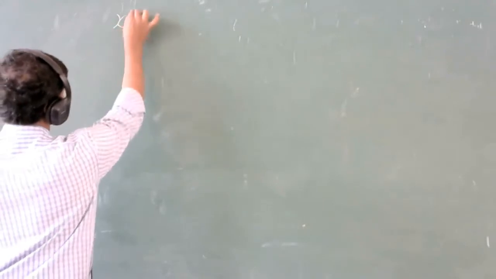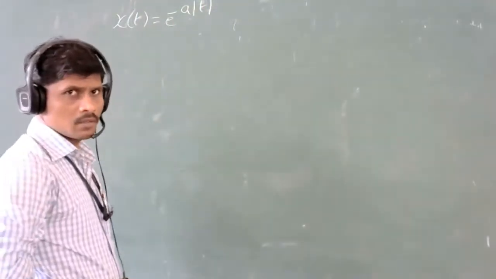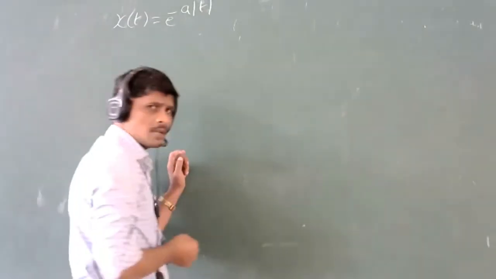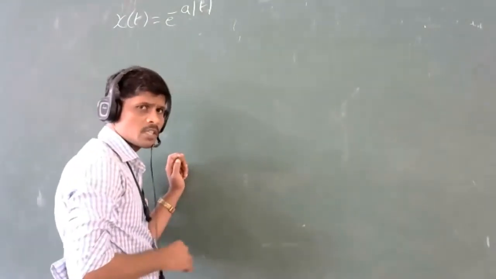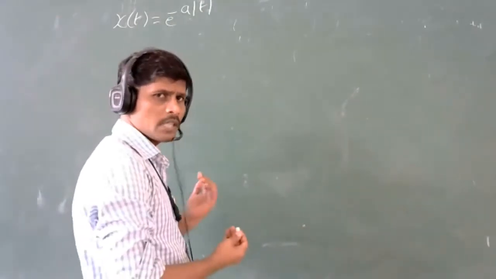x of t is equal to e power minus a magnitude of t. So what does magnitude mean? Magnitude means plus or minus, positive values and negative values. What are the positive values? Positive x-axis. What are the negative values? Negative x-axis.